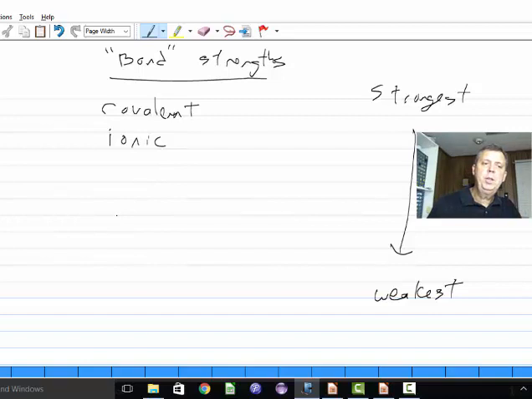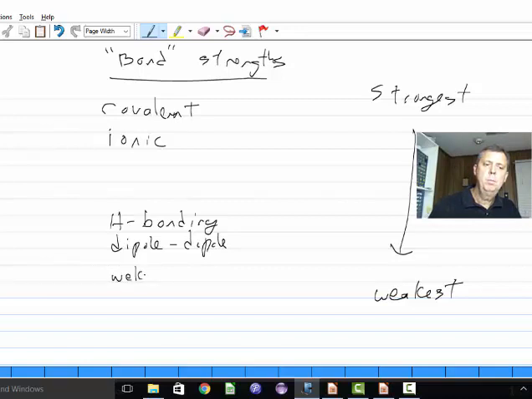I'm going to skip a bunch down here before I go to hydrogen bonding, because I just want to stress that hydrogen bonding, these intermolecular forces, are much weaker than the forces holding compounds together. Then you have dipole. Then you have what are called weak forces.